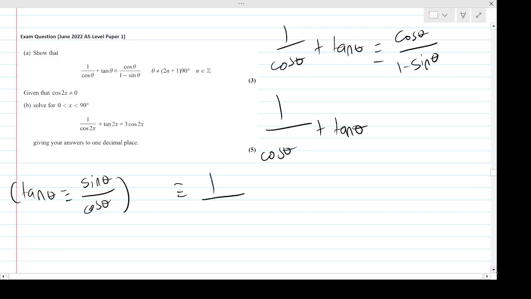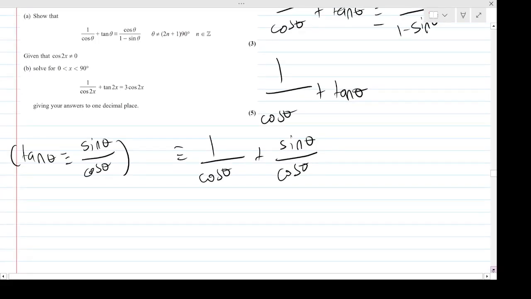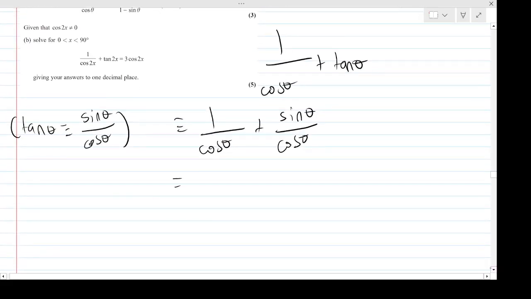So if I do that, then I get 1 over cos theta add sine theta over cos theta. Okay, and so then I've got a common denominator of cos, so I can add both fractions. So I get 1 add sine theta over cos theta.